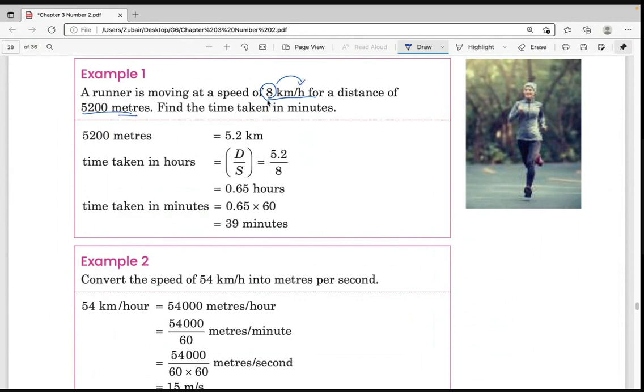Either we change the speed into meters per minute or meters per second, or we change the distance. It is easy in this case to change the distance. So we divide it by 1000 and get 5.2 kilometers. So time taken was distance divided by speed, and distance is 5.2 kilometers and speed is 8 kilometers per hour.